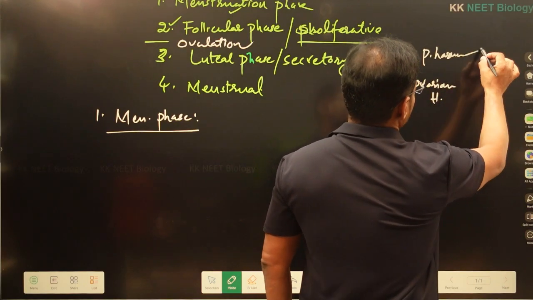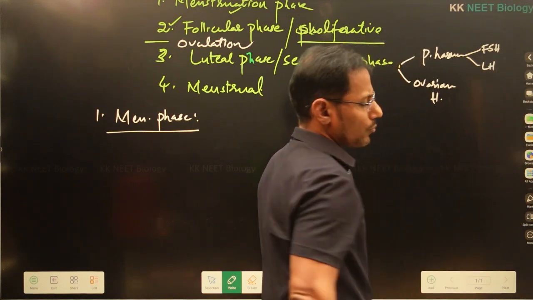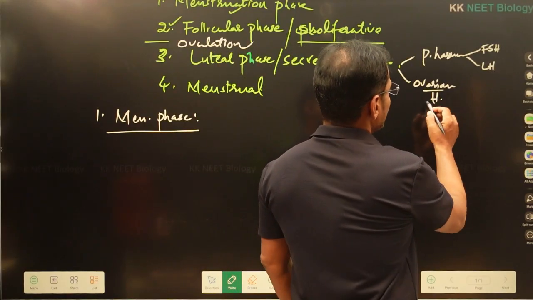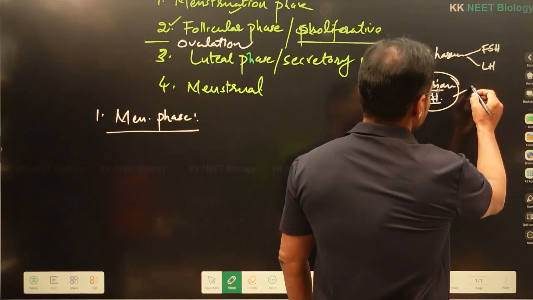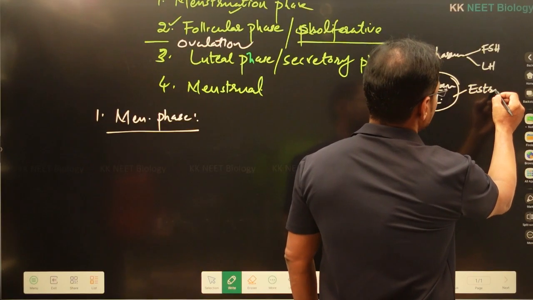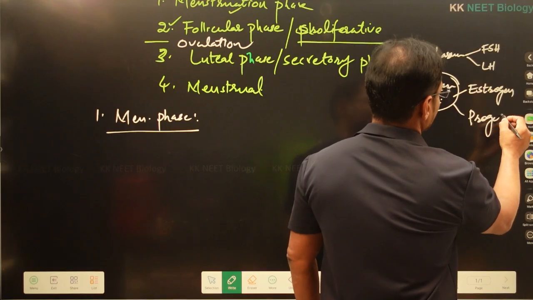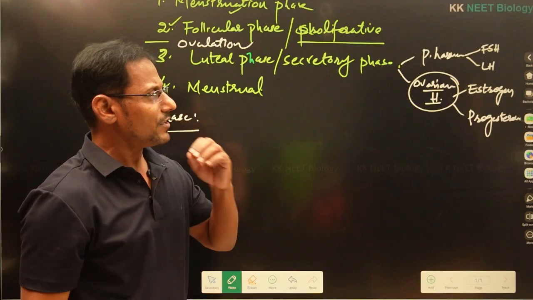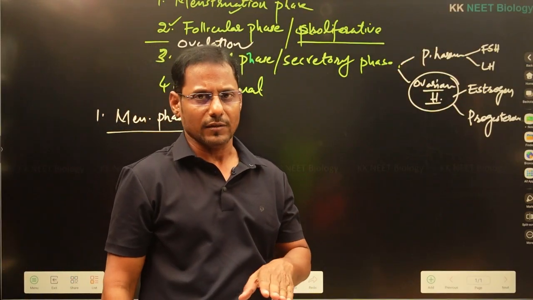We know there are 2 types of pituitary hormones: one is FSH, follicle stimulating hormone, and the second is luteinizing hormone. From the ovarian hormones, we have 2 types: one is estrogen, and the second one is progesterone. These are the different hormones which are going to show their impact on the menstrual cycle, right?